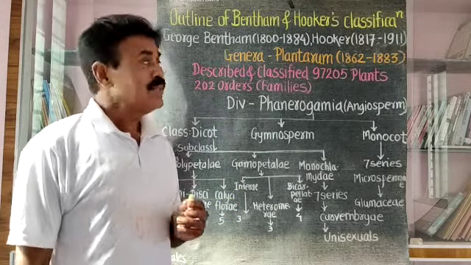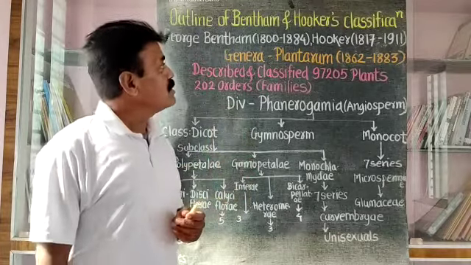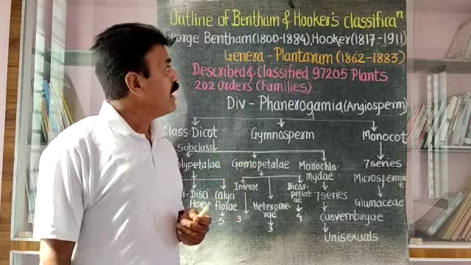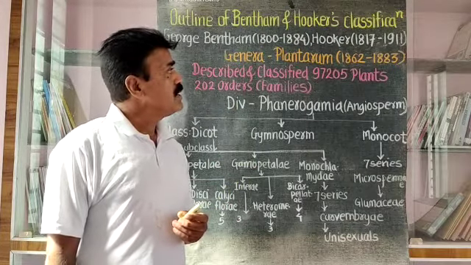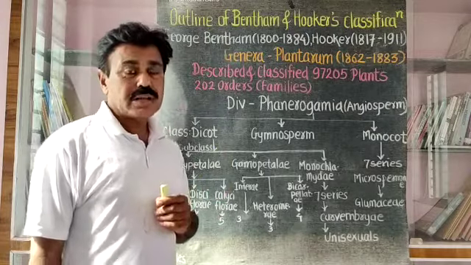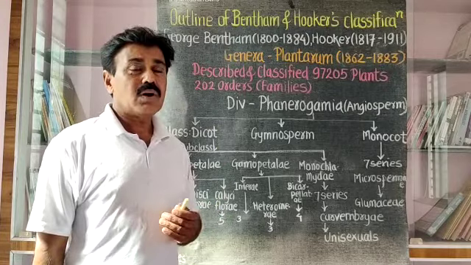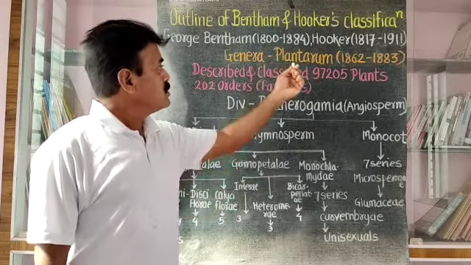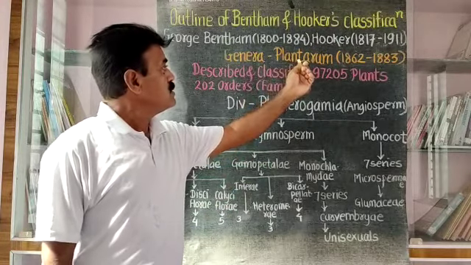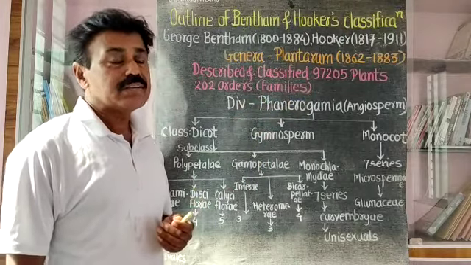As far as the Bentham and Hooker classification is concerned, George Bentham (1884) and Hooker (1870 to 1911), two well-known English botanists, described plants in a 3-volume work. The name of the book is Genera Plantarum, published 1862 to 1883.